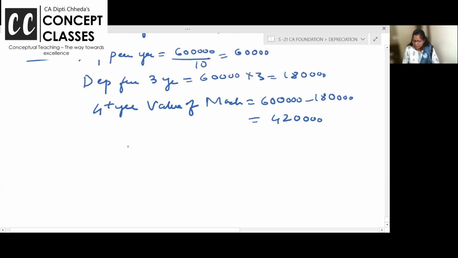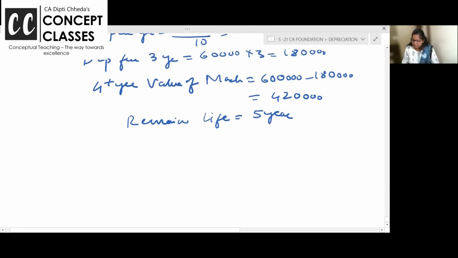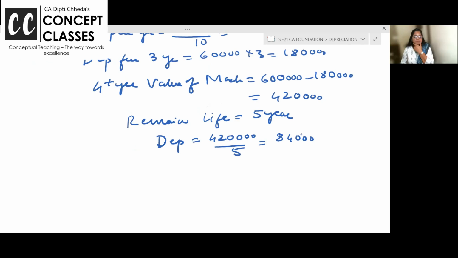And now the remaining life is not 7 years. It is estimated remaining life of 5 years. So depreciation is equal to 420 divided by 5 years, which is 84,000 per year.